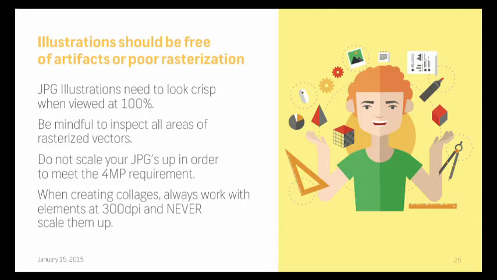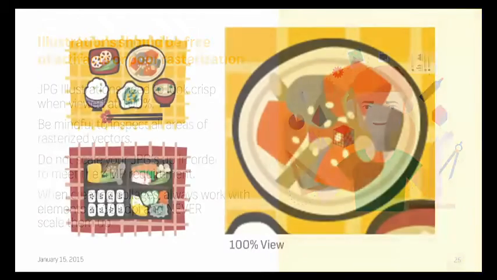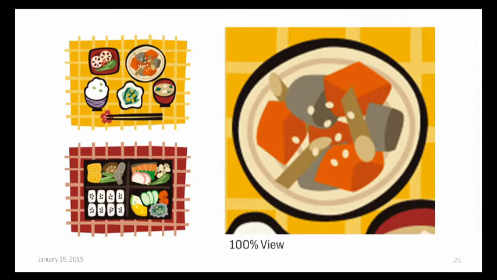These are not vectors. Pixels will break apart when you're scaling them and increasing them in size. So let's look at an example, an overall poorly rasterized vector. We have this cool rasterized vector of this sushi, Japanese meal. It's really cool, but when you look at it at 100%, you can see it's really breaking apart.